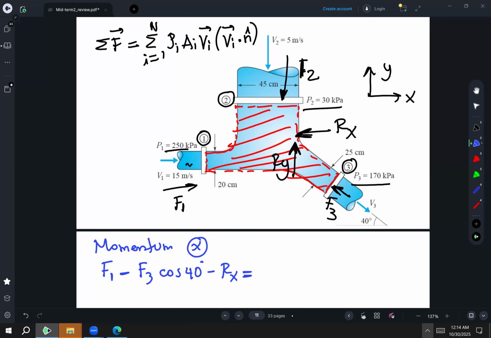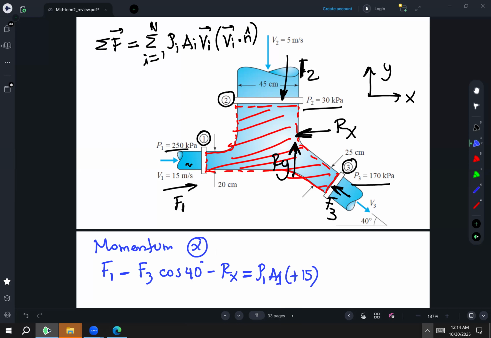The momentum in 1 will be density 1, area 1. The velocity vector in 1 is positive 15 because it's pointing in the positive x direction. So it's going to be plus 15. And then the dot product of the velocity and n.